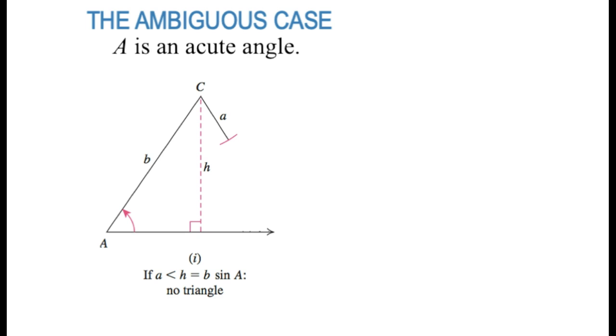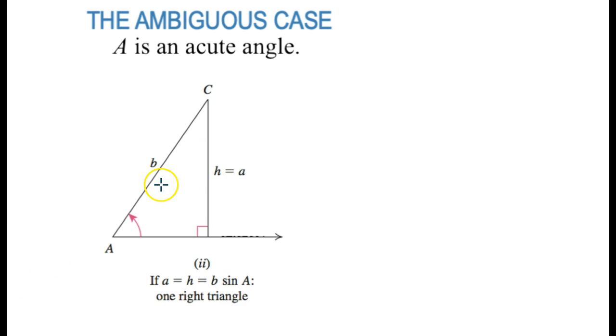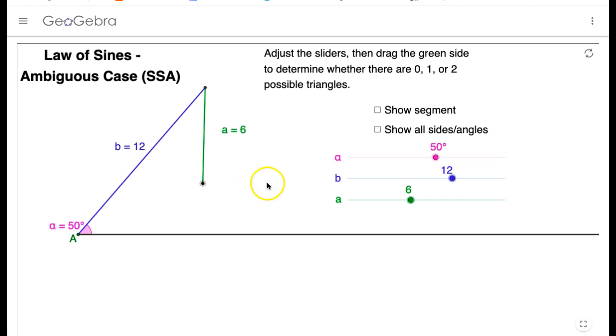Now, the second thing that could happen is if this side A is equal to the height. If that happens, we end up with one right triangle. Again, let's get a nice visualization of that. If I were to extend this out, I think the sine of A times B is about 9.2.